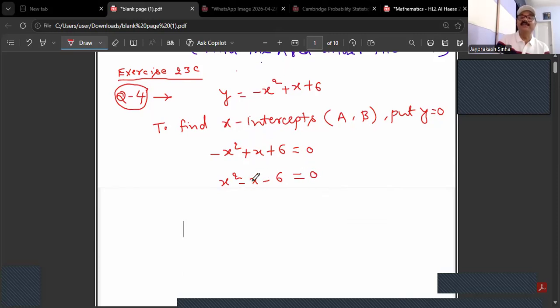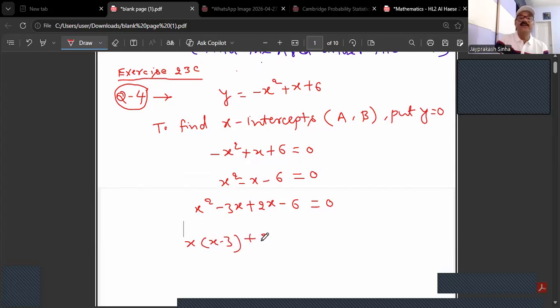Now we'll solve this quadratic equation with the help of factorization. So this we can factorize as x square minus 3x plus 2x minus 6 equal to 0. We can take x common here, so it will become x minus 3.